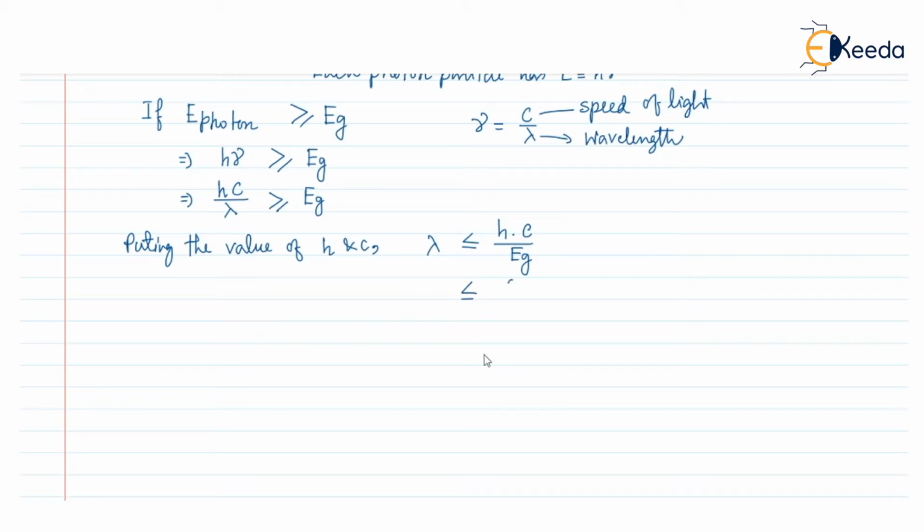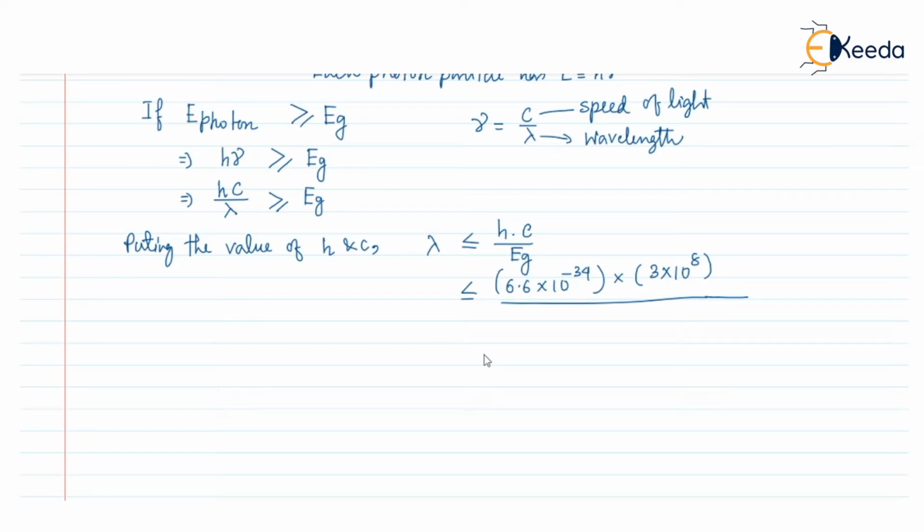So let us put the values of h and c. h has a value of 6.6 into 10 to the power minus 34, and c has a value of 3 into 10 to the power 8. This value will be in joules, so we have to convert it into electron volts.